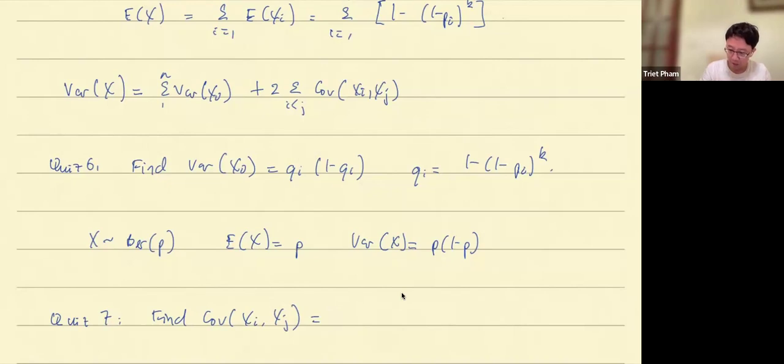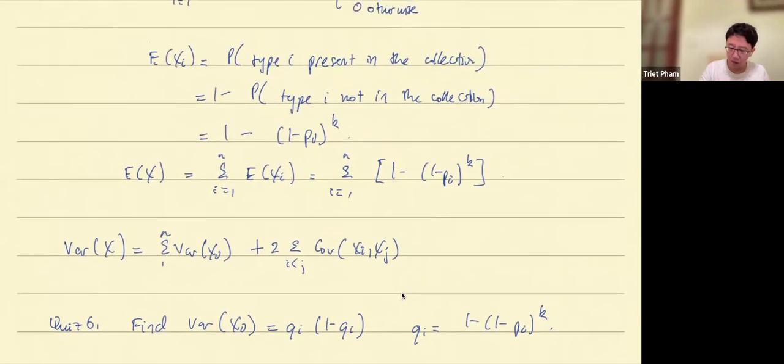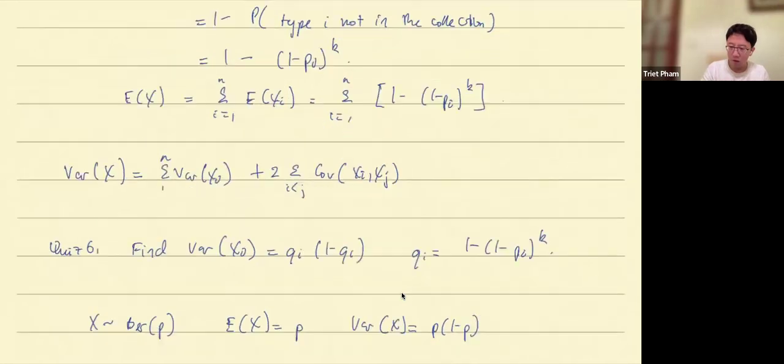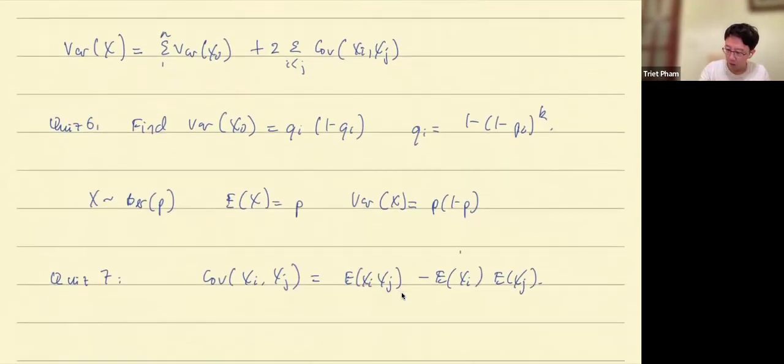The covariance will be the expectation of the product minus the product of the expectations. We have found these terms here, so this is just Qi Qj, where the Qi are like that. So the real challenge is just this term. So the quiz is about calculating that.